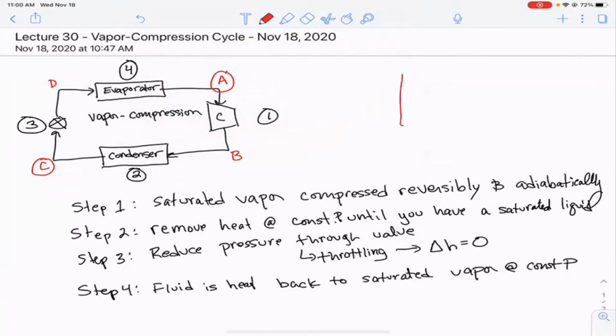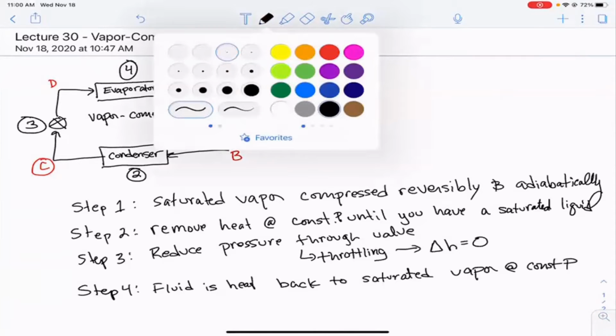If you remember in the TS diagram, we had this phase change, so we know that we're going to be on this phase change line twice. But that begs the question: is the TS diagram the most useful diagram that we could possibly have?